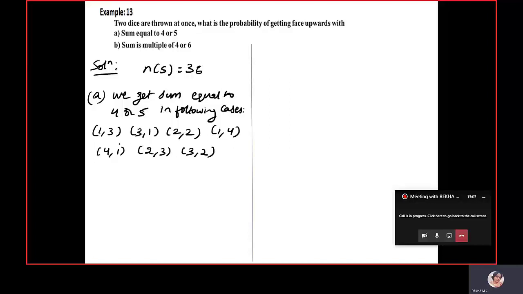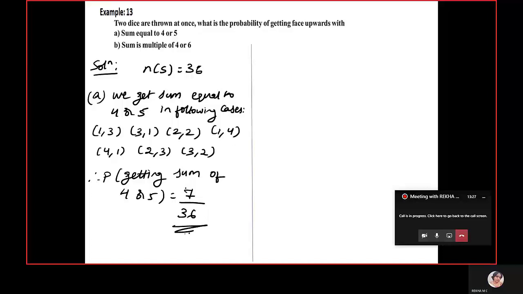So the number of favorable cases will be 7. Therefore, the probability of getting sum of 4 or 5 is equal to 7 divided by 36.